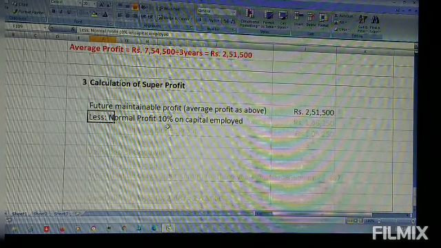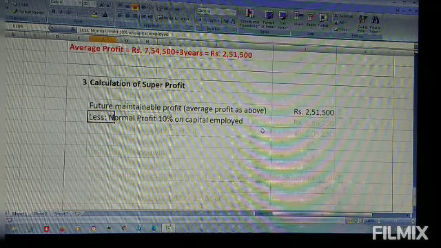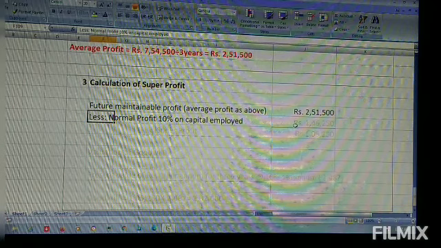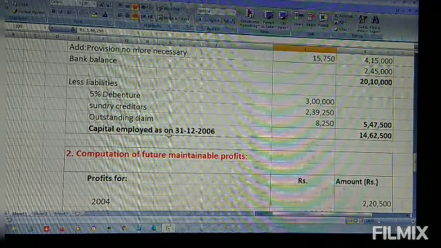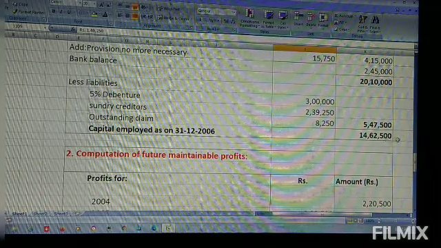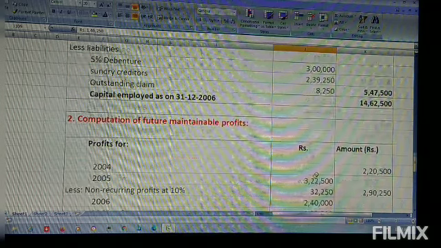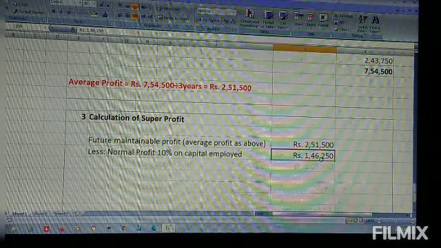Capital employed 14,62,500 into 10% comes to 1,46,250.